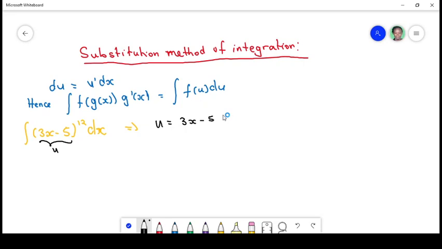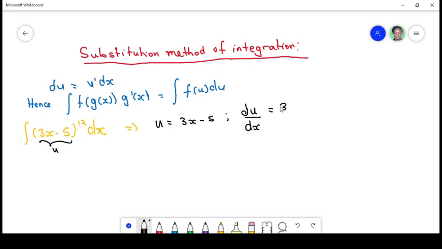Then, because I'm writing this in terms of u, I can differentiate u with respect to x. The derivative of u with respect to x here is 3.